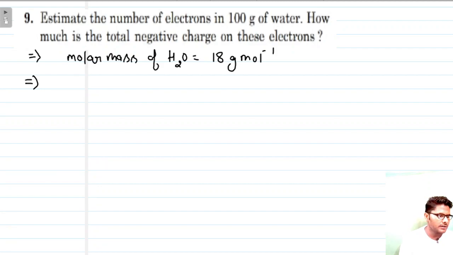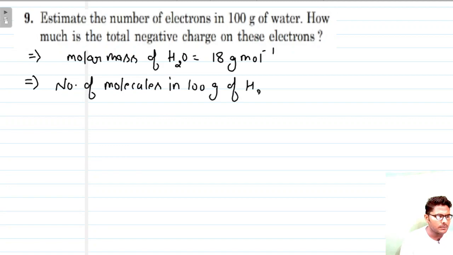So you may write, the number of molecules in 100 grams of H2O will be equal to 100 over 18. You will get from this the number of moles, and into Avogadro number you will get the number of molecules.